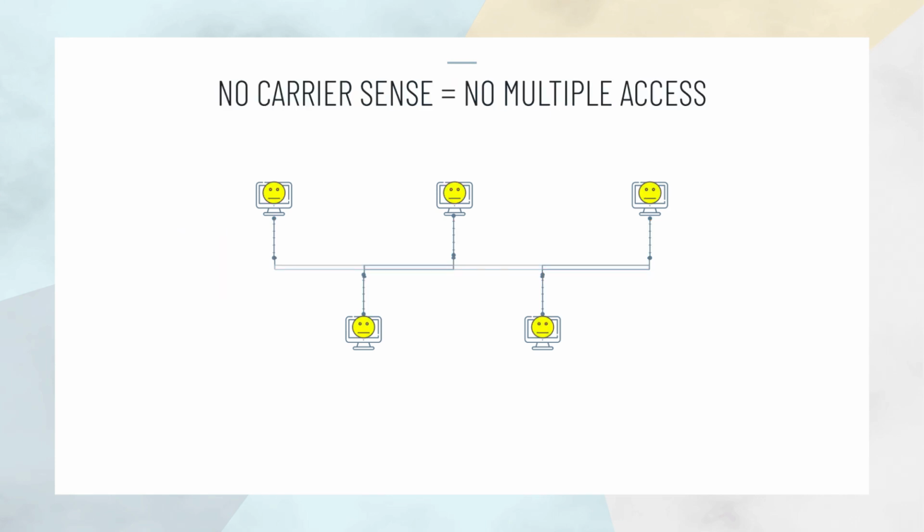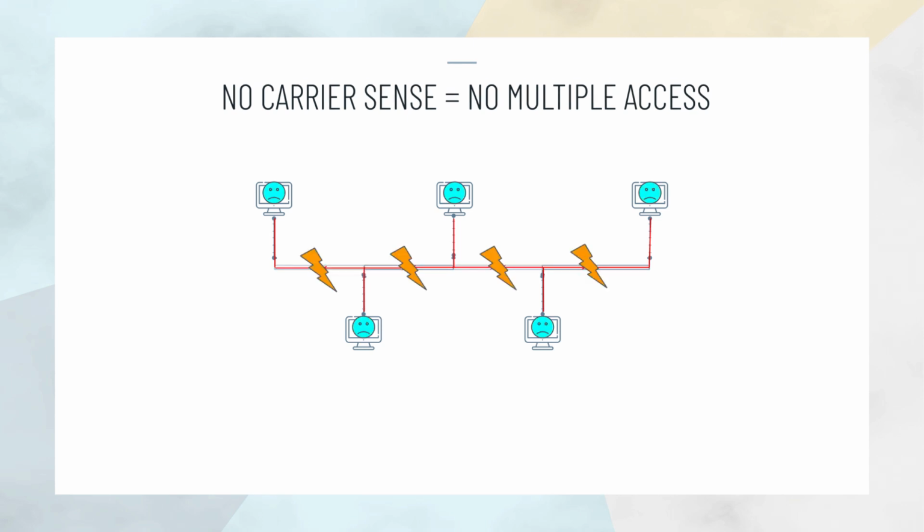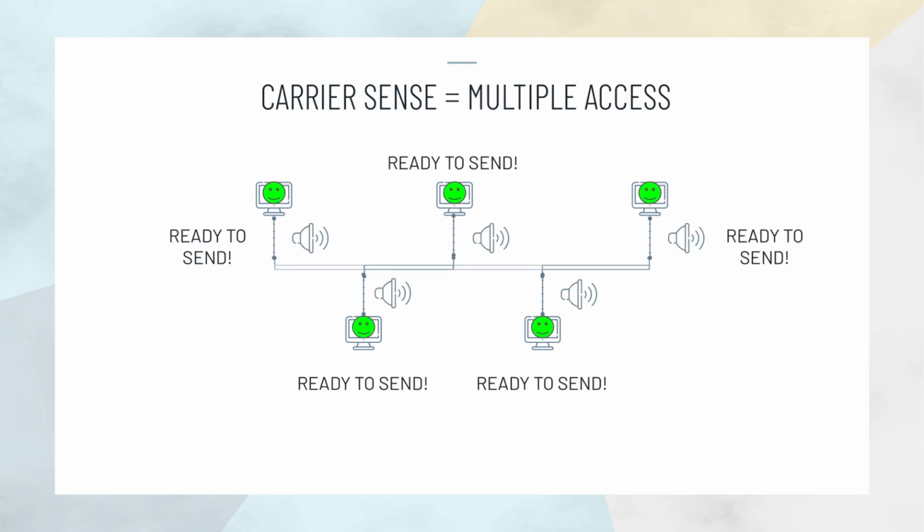Without the Carrier Sense, hosts will flood the network with their own messages even when the medium is in use, leading to multiple collisions. Here, no messages will arrive at their destination, making the network almost unusable for everyone. Hence, this turn-taking standard allows for multiple access.